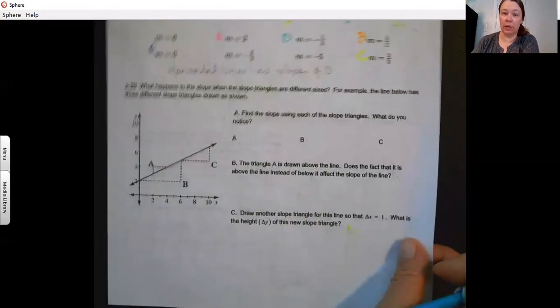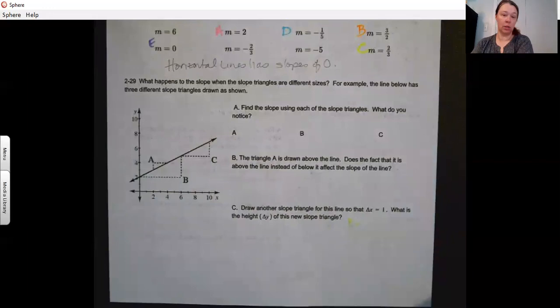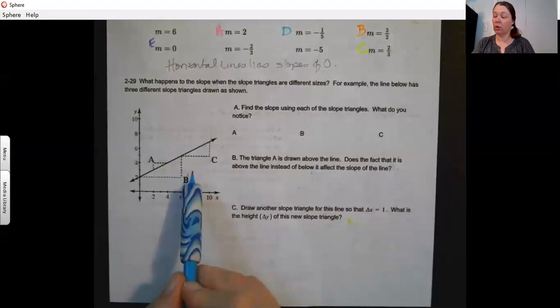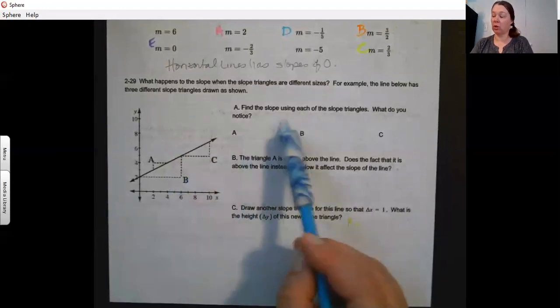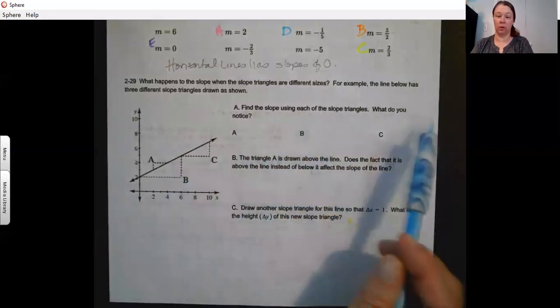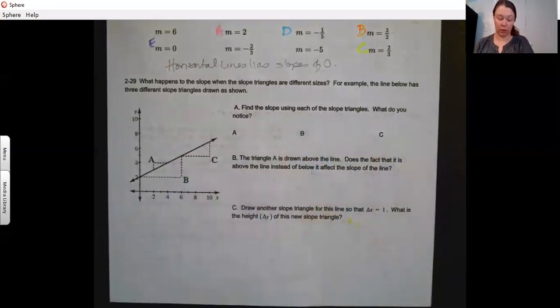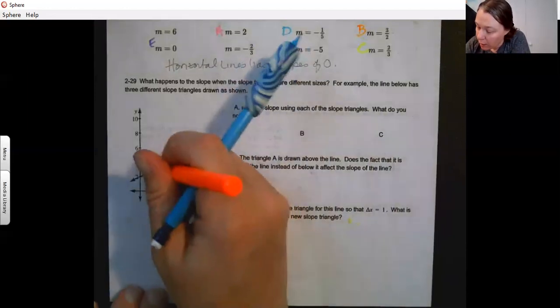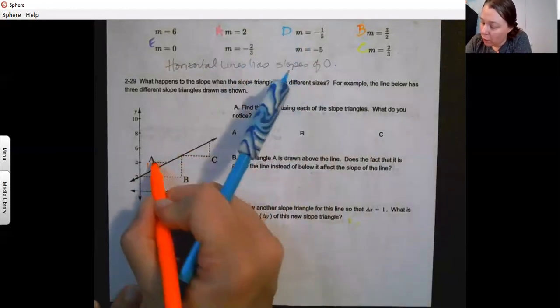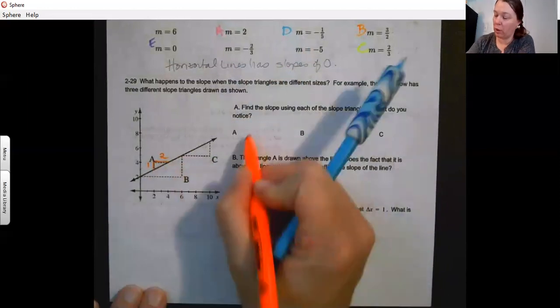All right, so then last one, number 29. What happens to the slope when the slope triangles are different sizes? If we look at this line below here, 3 different slope triangles are drawn. You're asked to find the slope using each of the slope triangles, and then what do you notice? Okay, so for A, I'm going up 1, and then I'm going over 2, so 1/2.